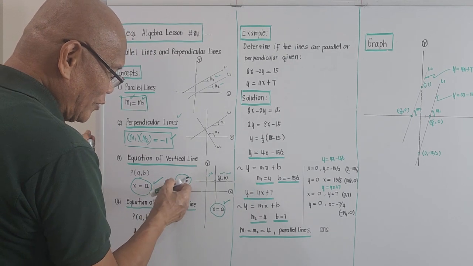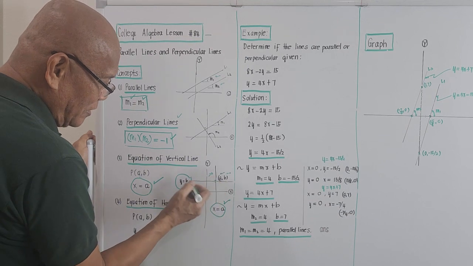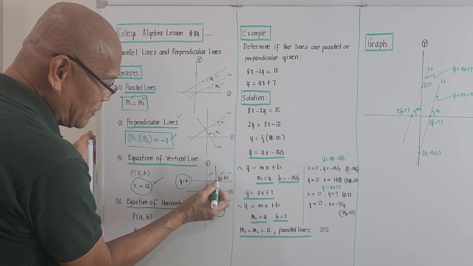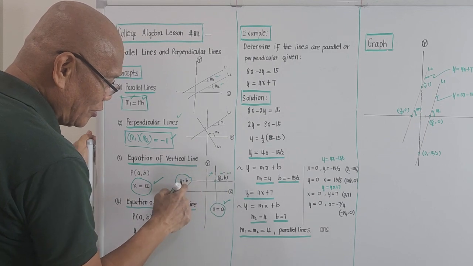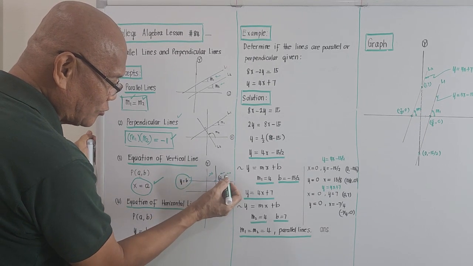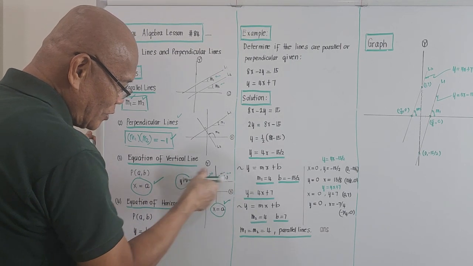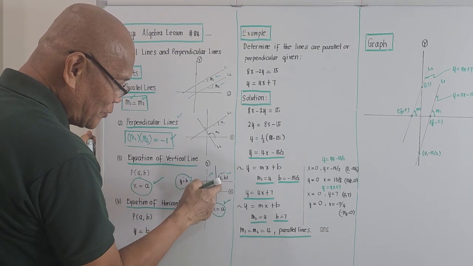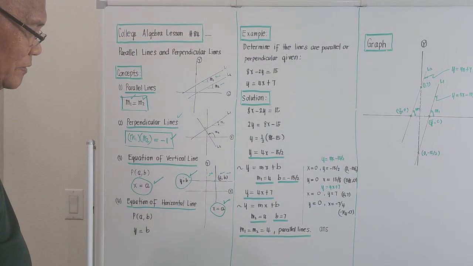So the equation will be y equal to b. Why equal to b? Because the horizontal line passes through the point with coordinates A and B, and the ordinate at this location here is actually b, right? So the equation of the horizontal line passing through this point here should be y is equal to b, right?